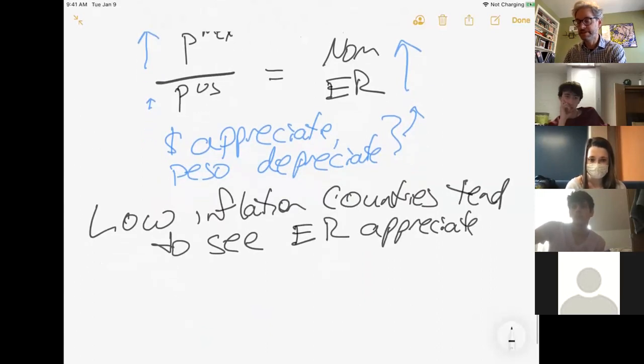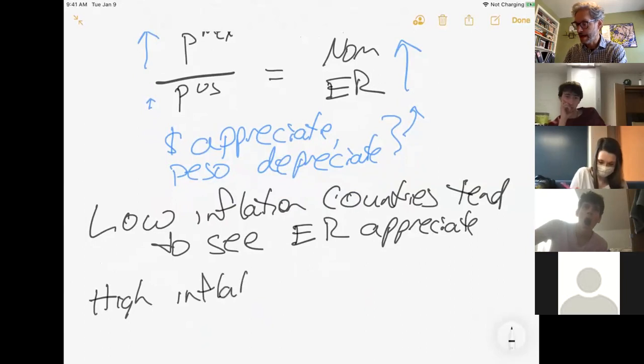Low inflation countries tend to see their currency appreciate. Vice versa, high inflation countries tend to see their currencies depreciate.